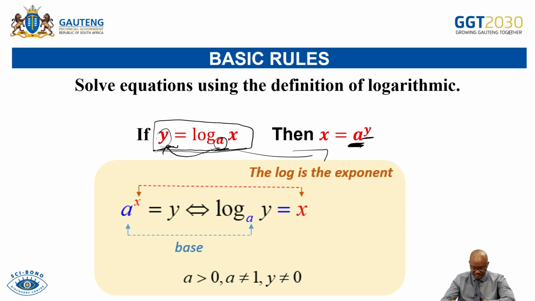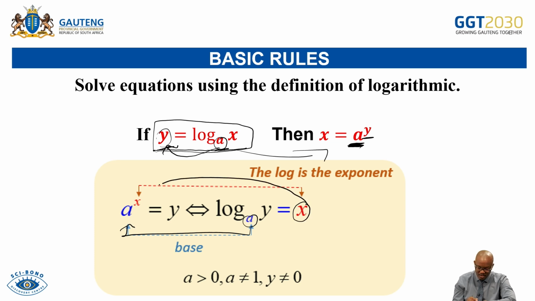We can see here that what you have as a base will be the base on the other side, and what you have there will now be the exponent.